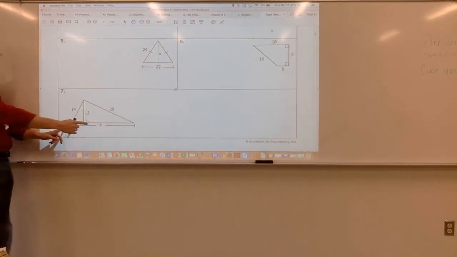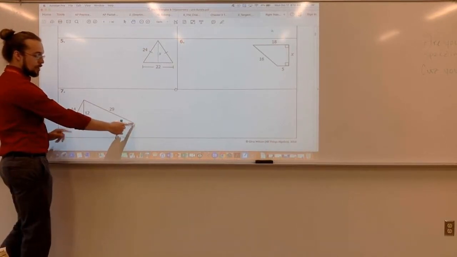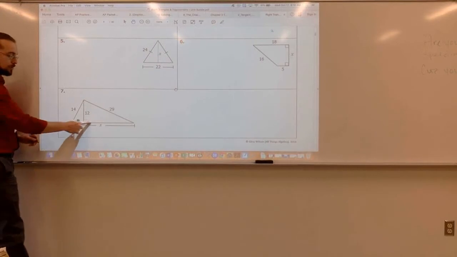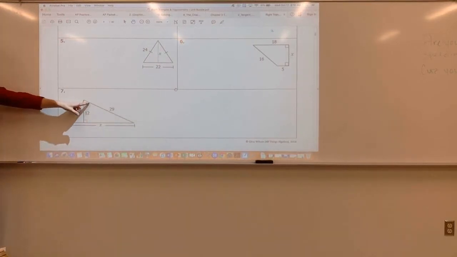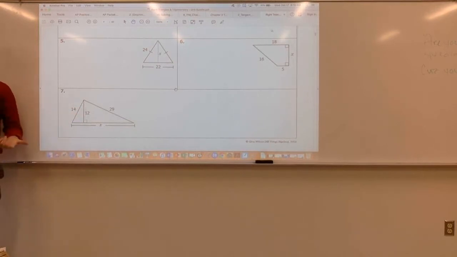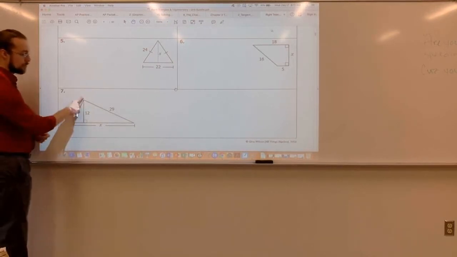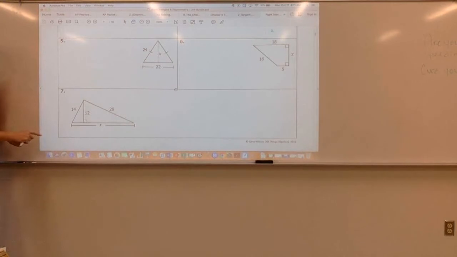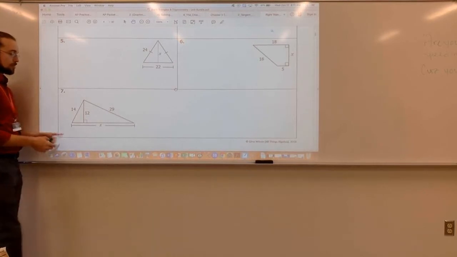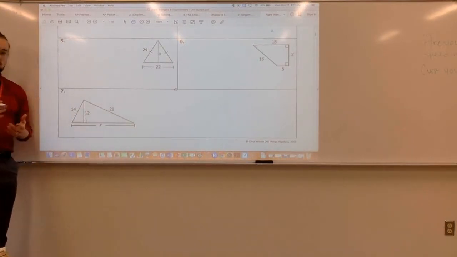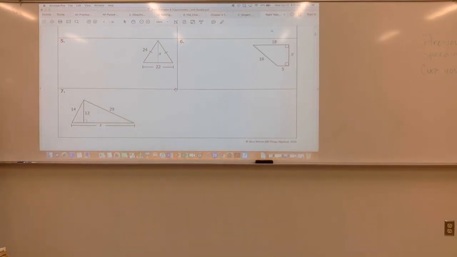Our goal is to find this entire length, but the big triangle is not a right triangle. We're not told that this is a right angle, so we can't use the Pythagorean theorem just with 14 and 29 to find x. Does anybody see a way that we could find this length in a couple of different steps? Maybe breaking it up.